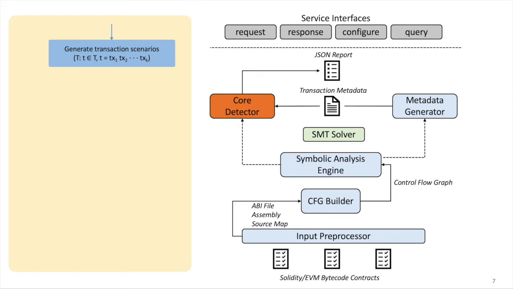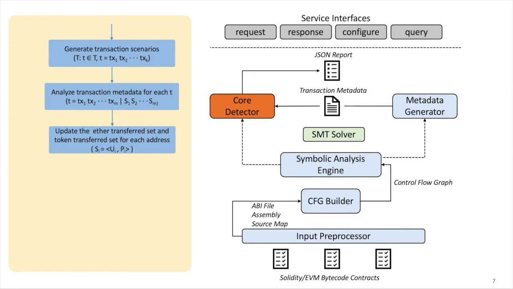The algorithm to detect unfair payment works as follows. First, generate a set of transaction scenarios. Then analyze the transaction metadata for each transaction scenario. After that, the core detector updates the transfer of Ether and the transfer of token for each address.